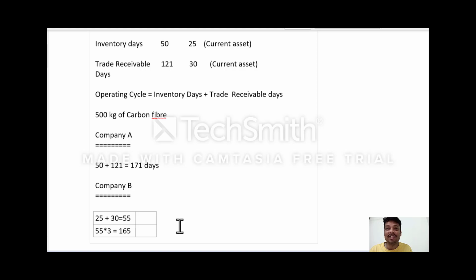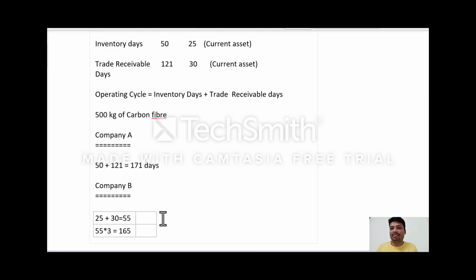And assuming that the profit margin is the same, in the same period of time company B is making more profit than company A. So this is the significance of knowing how to calculate trade payable days, inventory days and trade receivable days, and based on that calculating the operating cycle, and we come to know how for similar companies one is profitable and one is not.